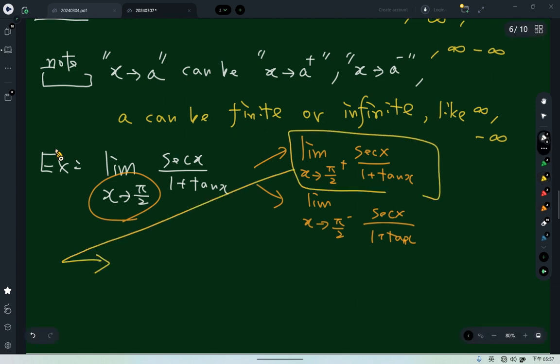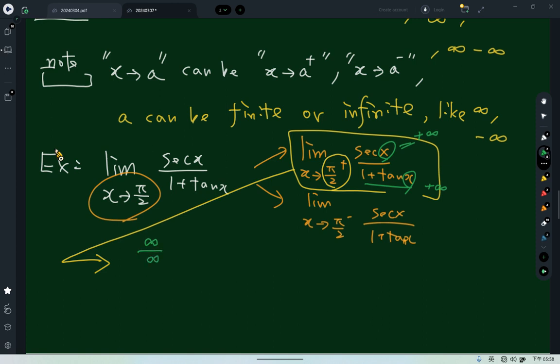Right? So, for example, if you focus on this part, when you use 1/2 pi plus to replace x, this will become positive infinity. And this part will also become positive infinity. So finally, you will find it will be infinity over infinity.